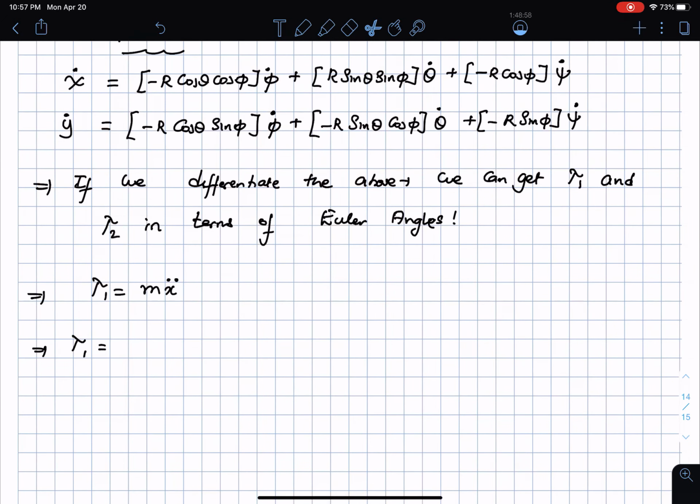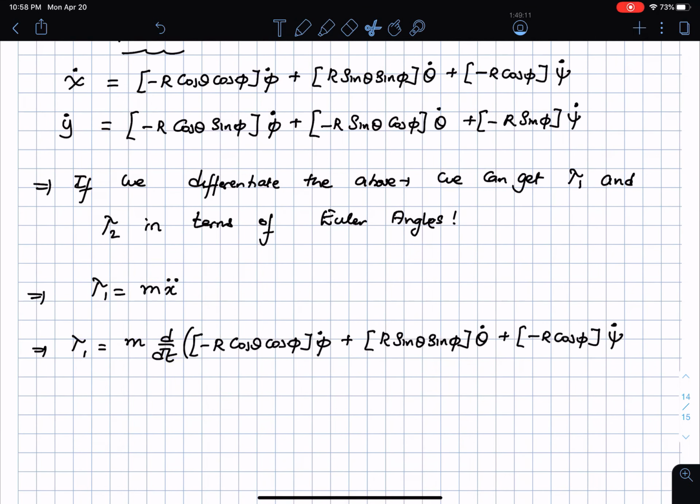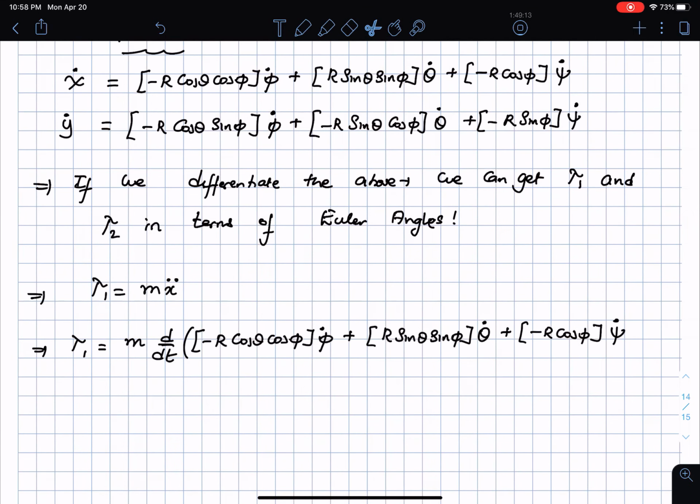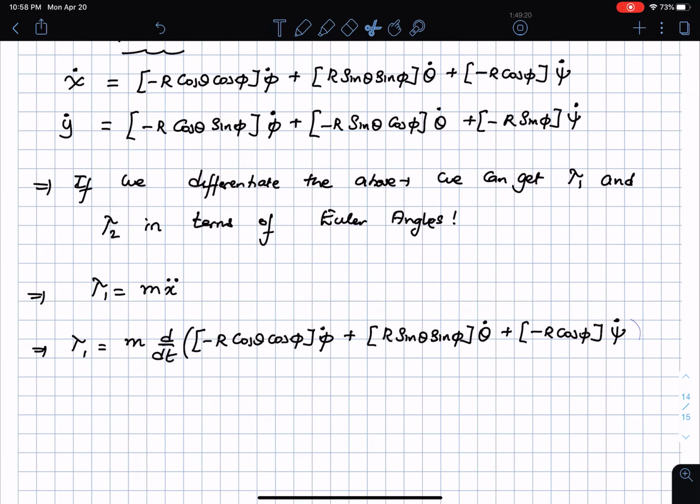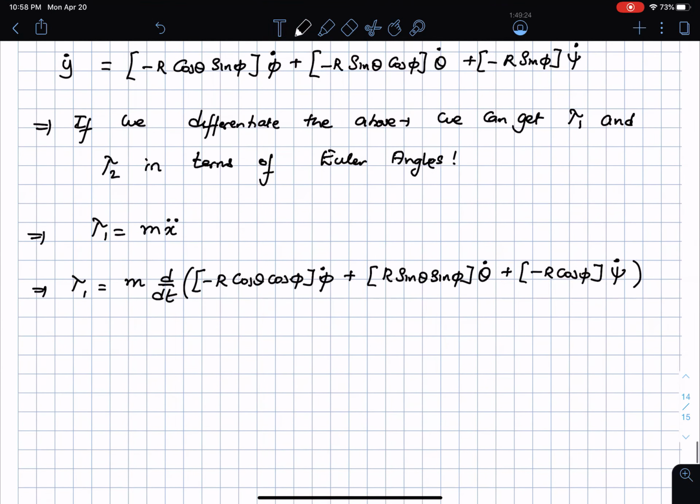So this is going to be m times d by dt of this expression here. That is d by dt of that. And so after doing the differentiation, I get the following. Bear with me please.